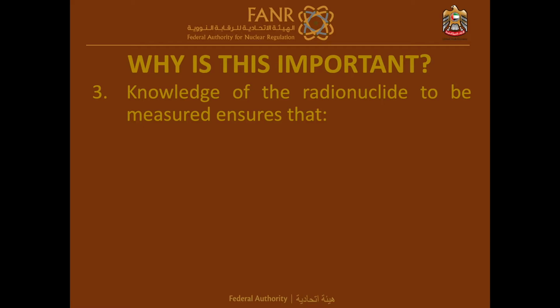You will hear many times in radiation protection the wording, the nuclide vector, or the source term. Now, these wordings indicate it is very important to have knowledge of the radionuclides that in practice are the emitters that you want to measure, for several reasons.